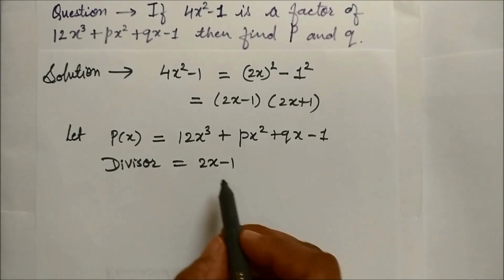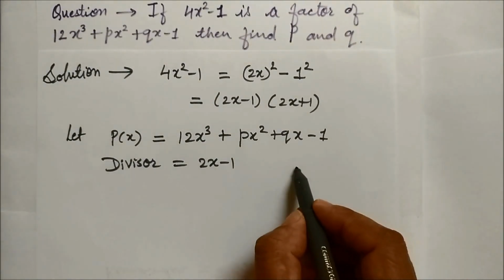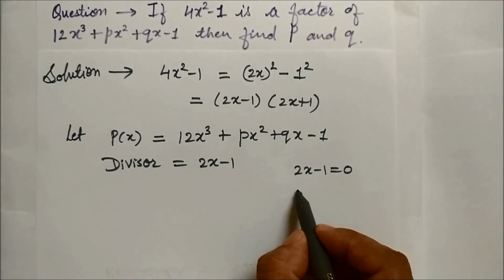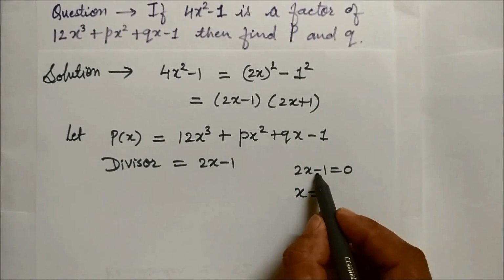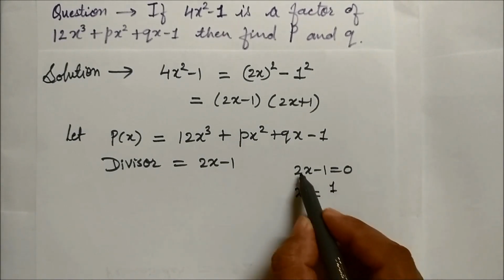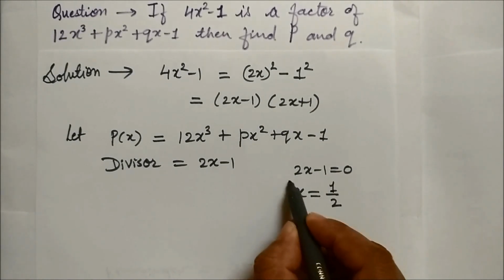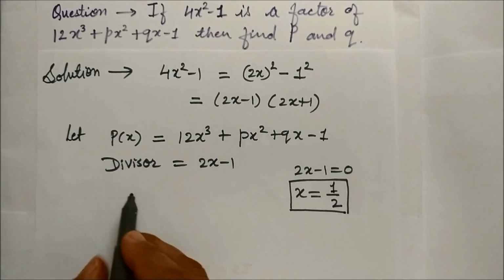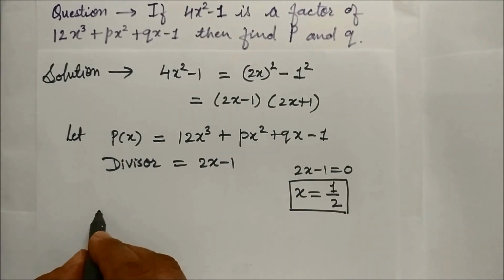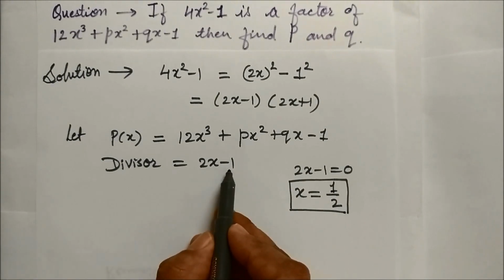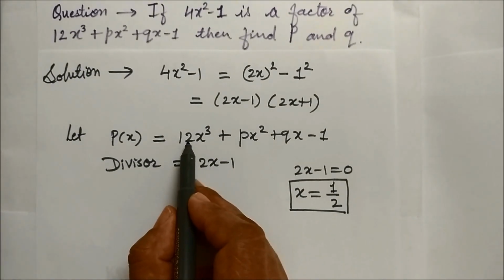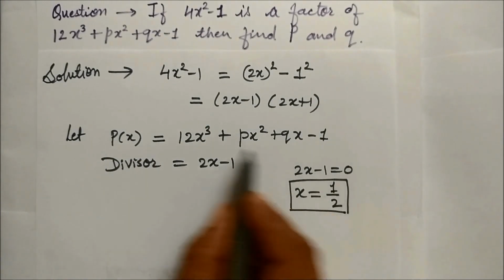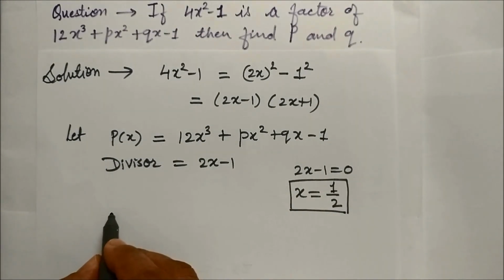And for the factor theorem we have to find the value of x. So we will write 2x minus 1 is equal to 0. Therefore x is equal to plus 1 upon 2. We replace x is equal to 1 upon 2 in the polynomial, and since 2x minus 1 is a factor of px, we will get remainder 0.